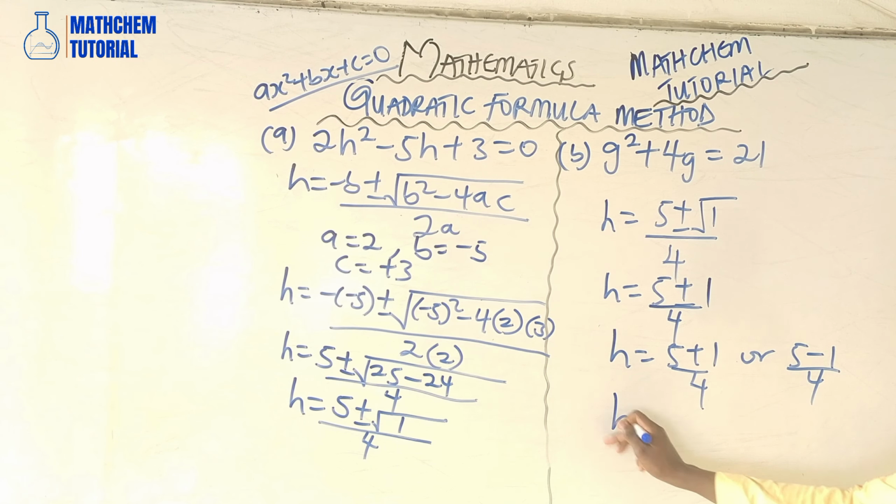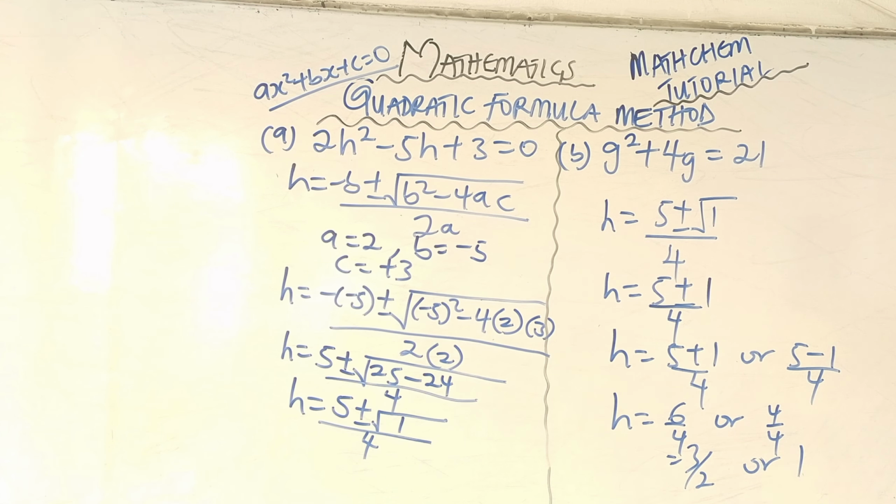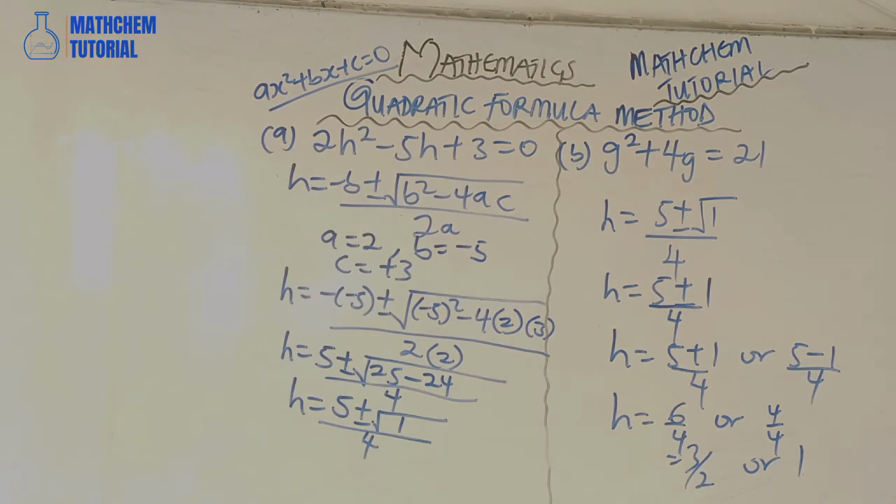So h equals 5 plus 1 is 6, that will be 6 over 4, or 4 over 4. And that gives us 3 over 2 or 1, because 6 over 4 reduces to 3 over 2, and 4 over 4 reduces to 1.